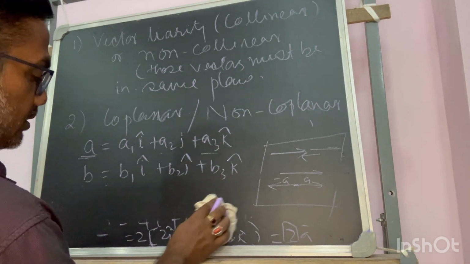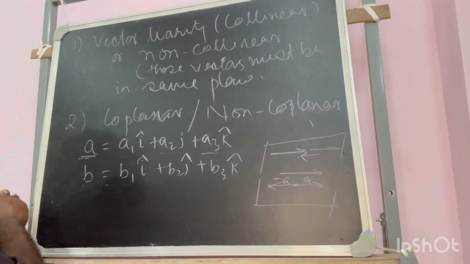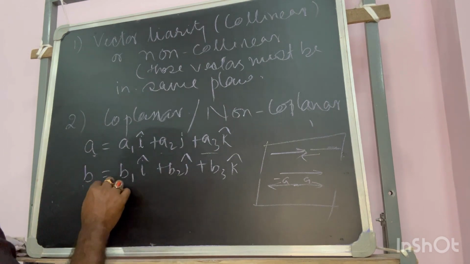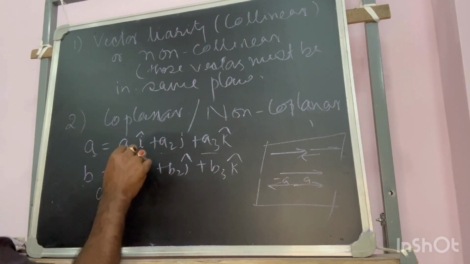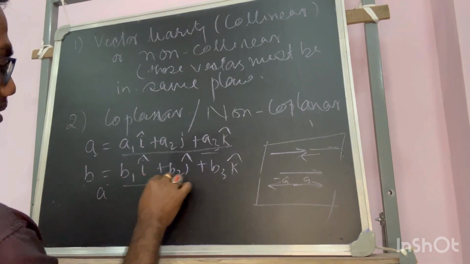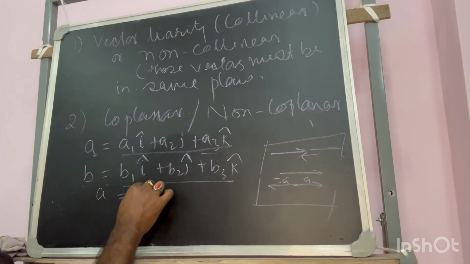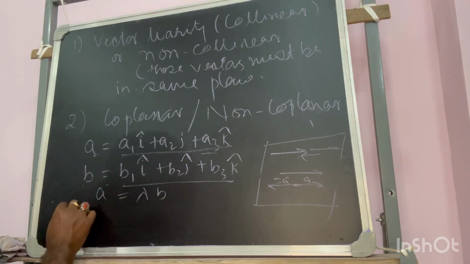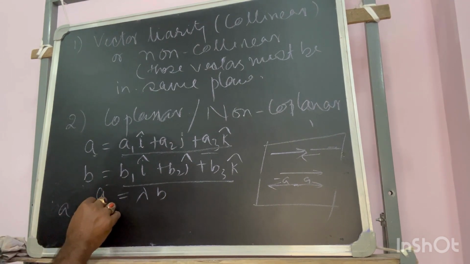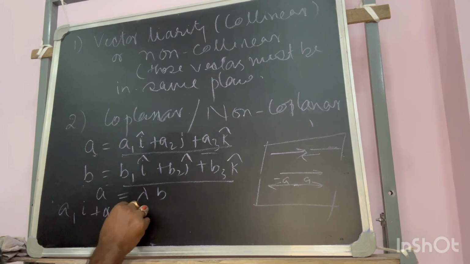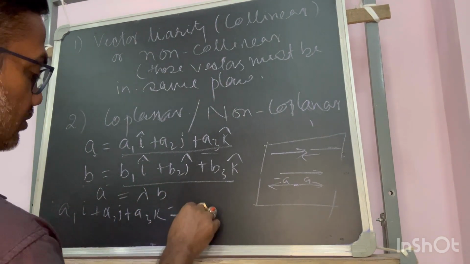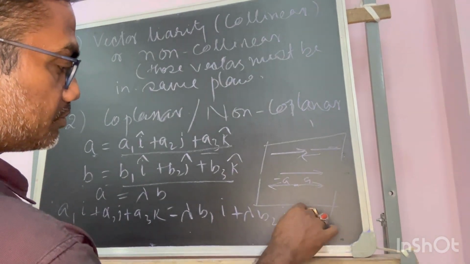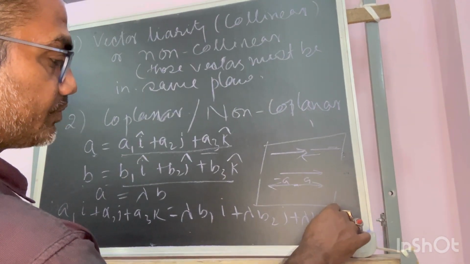Now the second condition is this: if two vectors are related such that one can be multiplied with a scalar, then if I multiply with a scalar lambda and expand, it will be something like a1i plus a2j plus a3k is equal to lambda b1i plus lambda b2j plus lambda b3k.